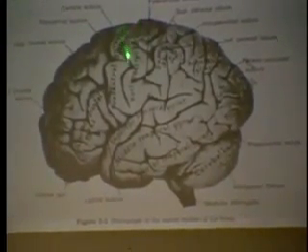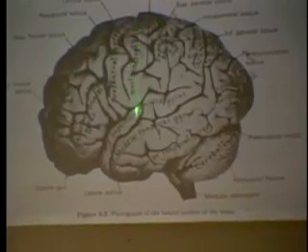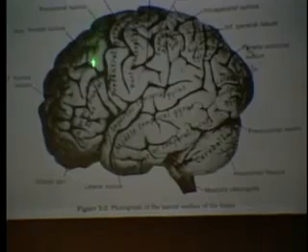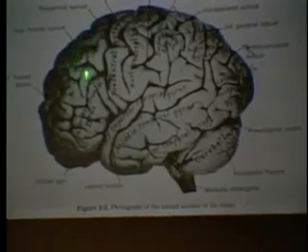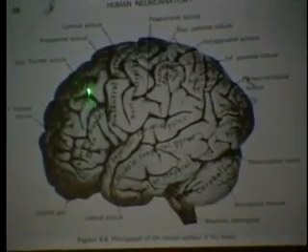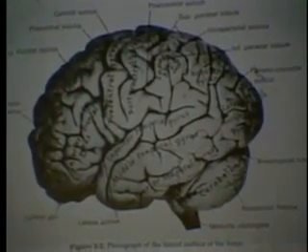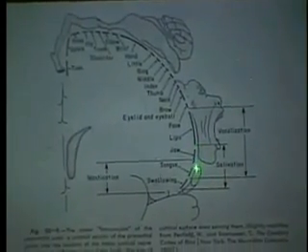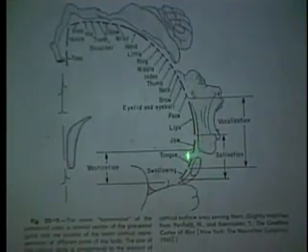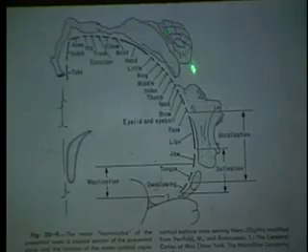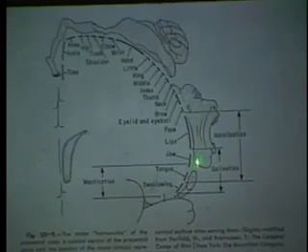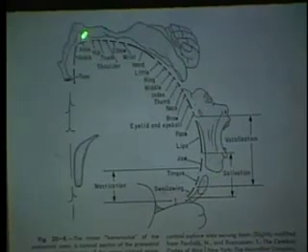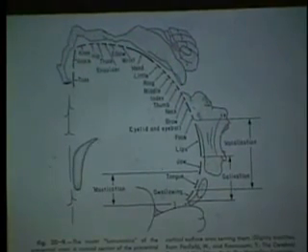Here's central sulcus, post-central gyrus, pre-central gyrus, and then we just gave the premotor area, and then the frontal eye fields here. In the next one, this shows that we said a sensory homunculus on your post-central gyrus. Well, you have a motor homunculus on your pre-central gyrus. Again, I asked you, why is this right side up and the rest of the body is upside down? Nobody gave me an answer yet.